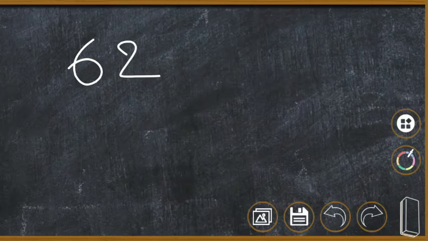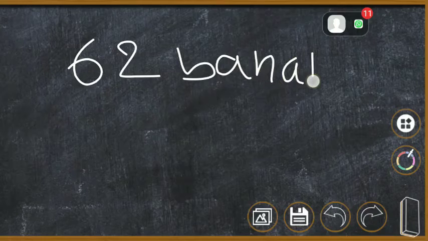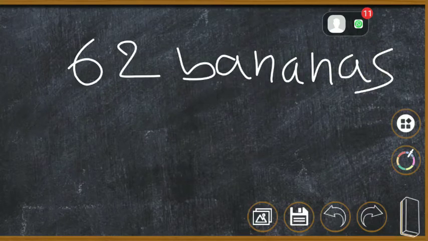And the next one is, Sheena has 62 bananas and she has another fruit also.